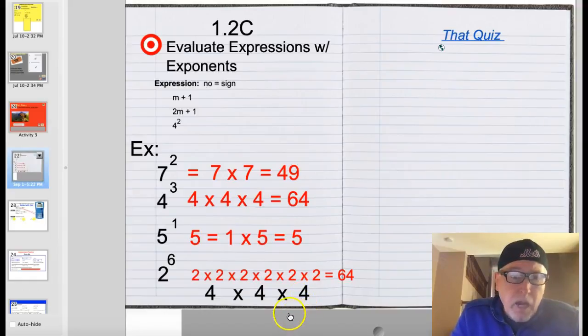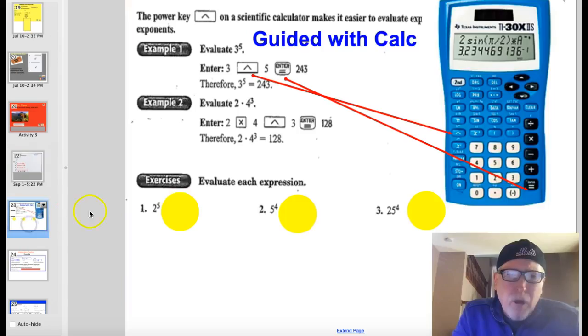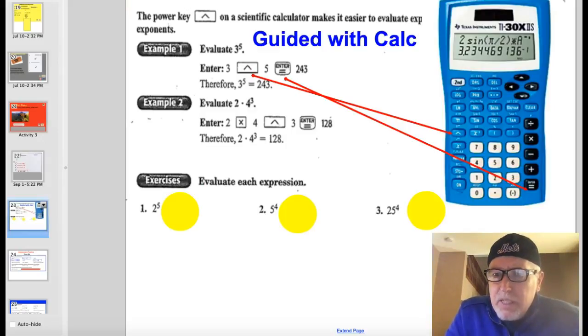All right. Let's take a look at just 3 guided problems here, and let's use the calculator. Not every calculator is going to work this way, but this is the most common calculator that kids have that are scientific. I personally just use the old school calculator, and for function, that's all I ever use.